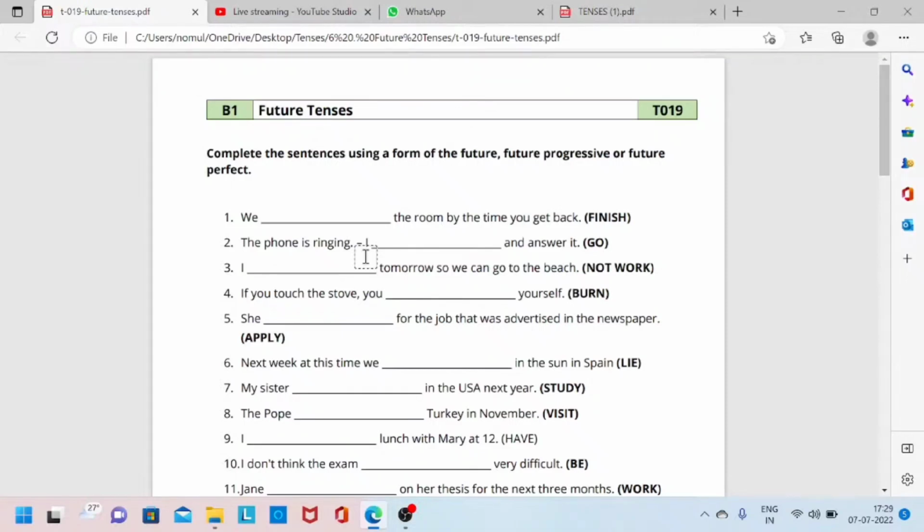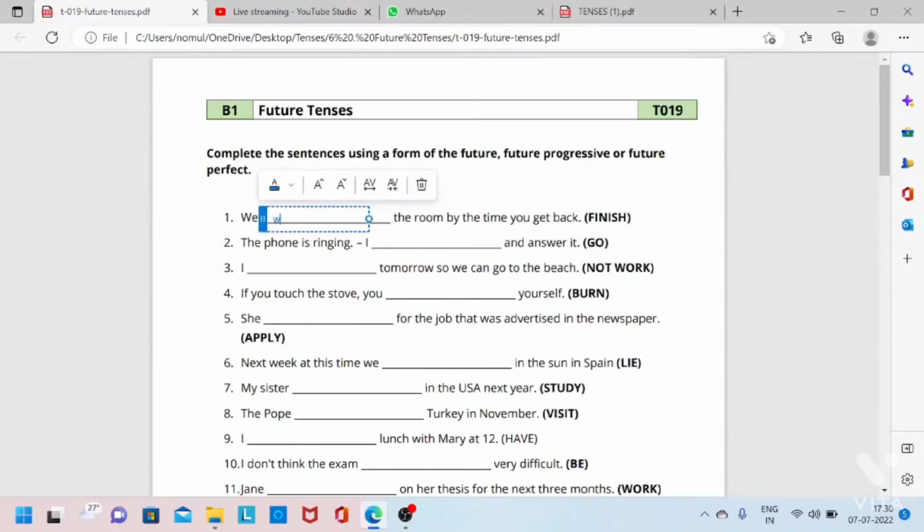So let us see the first blank, friends. First one is we dash the room by the time you get back. So by using finish word we have to complete this sentence. So let us see, like I obviously said, in the equation itself it is said that we have to use will.